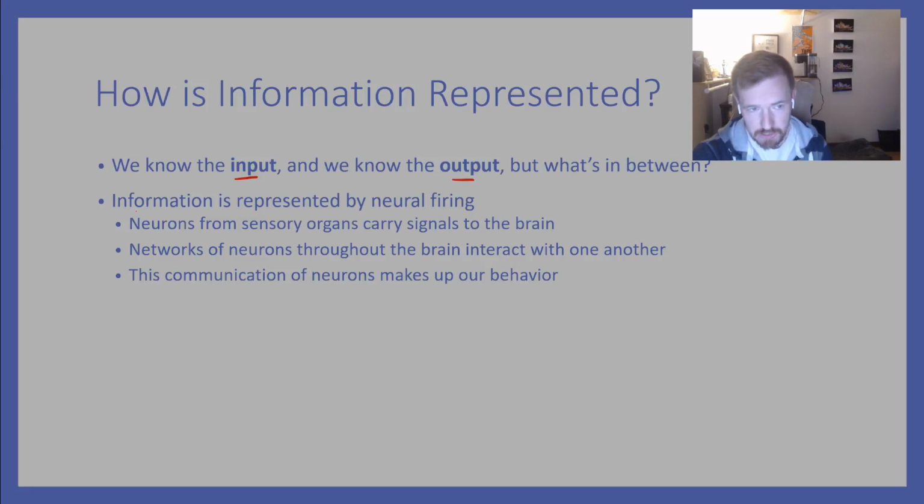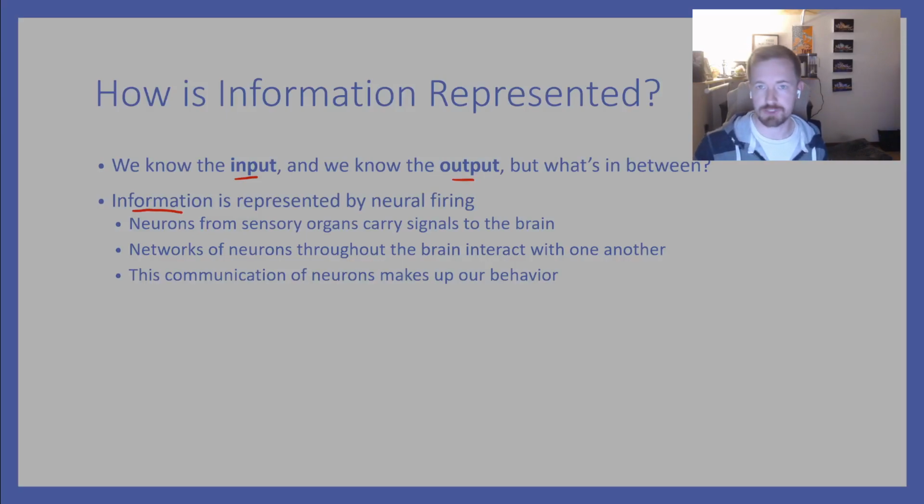Information, in that way, is going to be represented by neurons firing throughout the brain. You're going to hear me use the word information a lot throughout the class, where I talk about information going from one part of the brain to another part of the brain. What does that mean? Basically, the way that neurons fire in one location is different or is changing as it goes to another location, and that's what we mean by information.